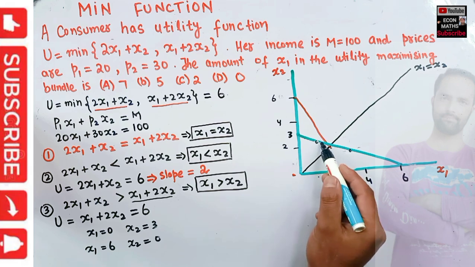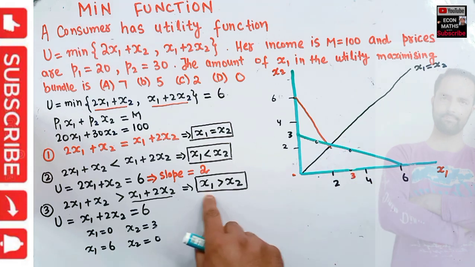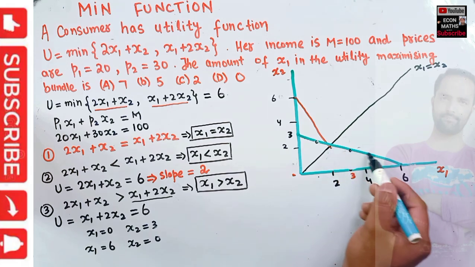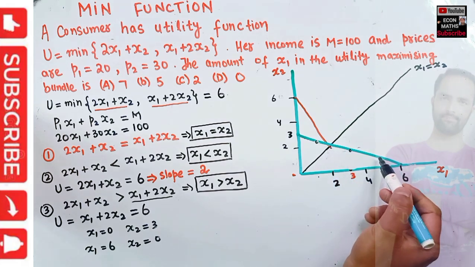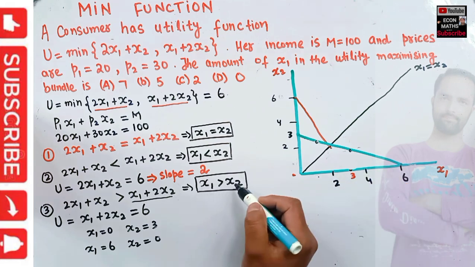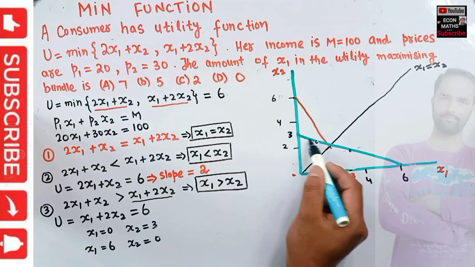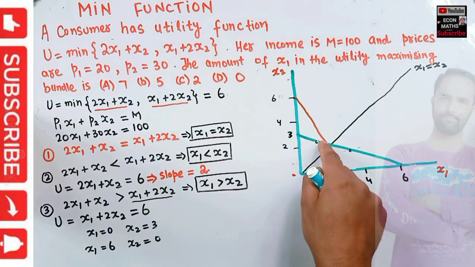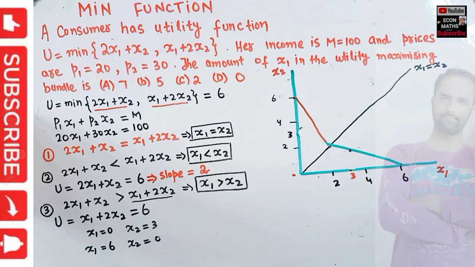Obviously this is the part where x1 is less than x2, but we should have x1 greater than x2. So this green line will denote the area where x1 is greater than x2, and this area is actually the opposite, x1 is less than x2. So this will not be part of our indifference curve.